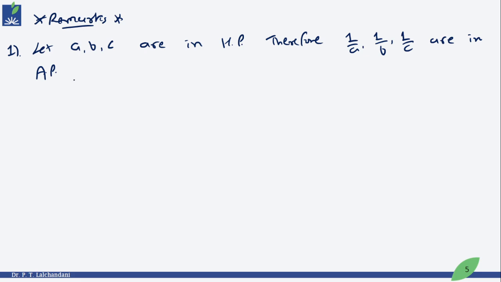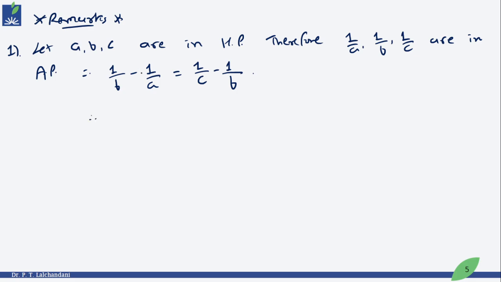What does it mean? It means that 1 upon B minus 1 upon A is equal to 1 upon C minus 1 upon B, right? Because these numbers are in arithmetic progression, the distance between the second and first term will be the same as the distance between the third and second term. So 1 upon B minus 1 upon A will be the same as 1 upon C minus 1 upon B. We are going to simplify this.